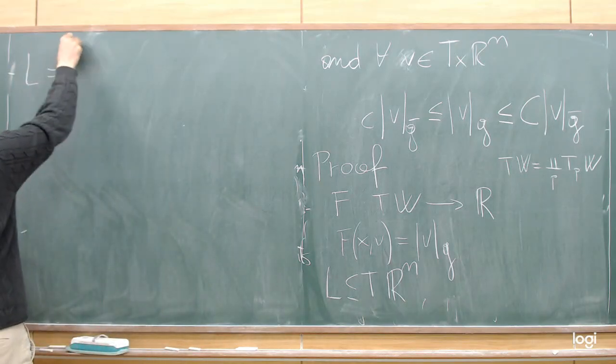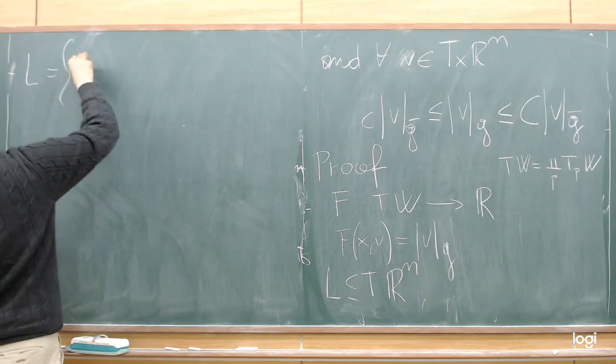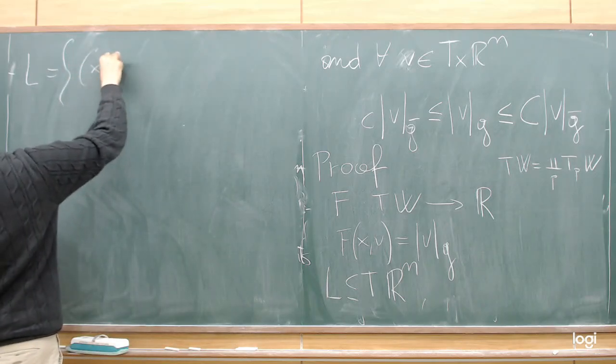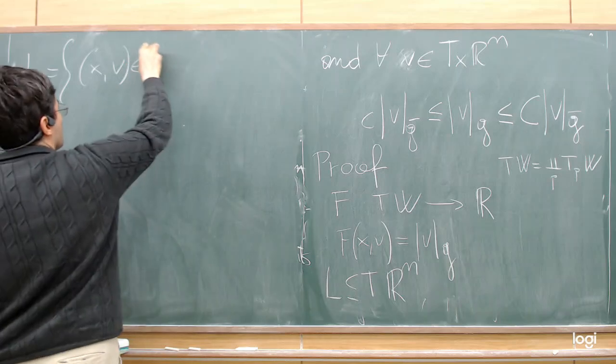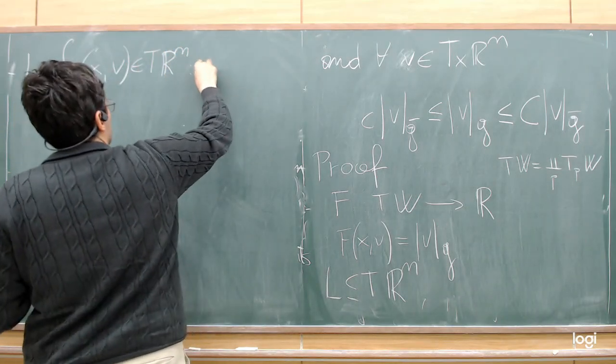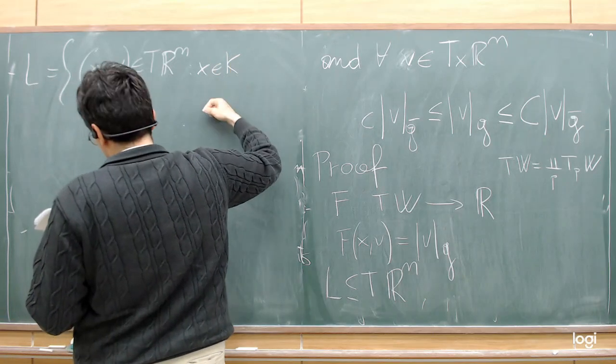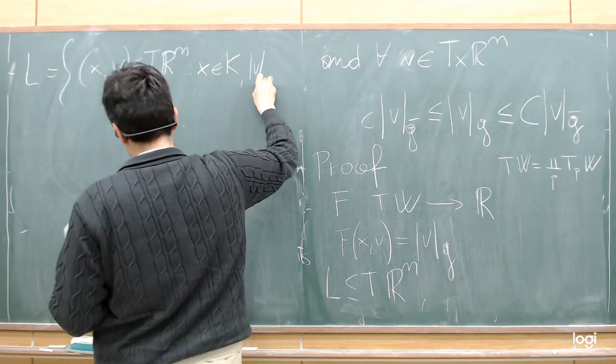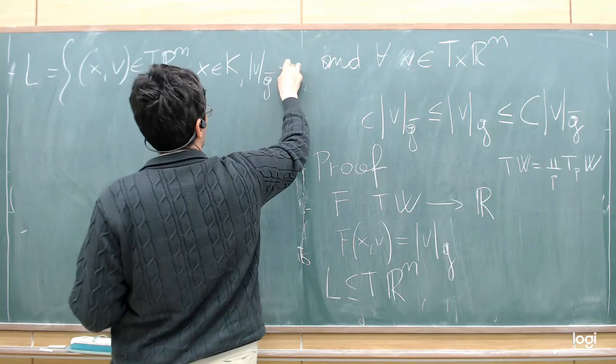L is the subset of TR^n such that x is a point in K and the length of v with respect to g bar is 1.